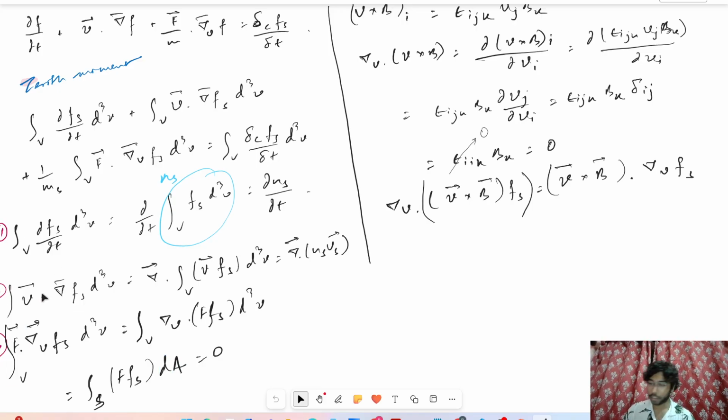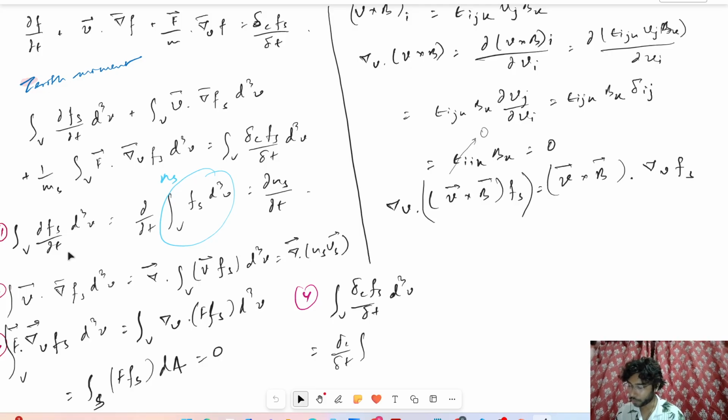Okay. So we have the first term, second term, third term, right? And the last term, the fourth term, let me write it over here. So this is simply del fs over del t d3V, and this will be equal to del over del t of the integral of fs d3V, which is equal to del ns over del t, which is again zero because the number density does not change.